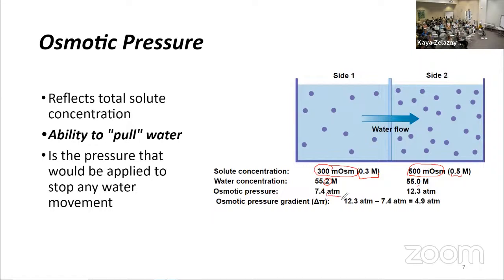Right? So our osmotic pressure could be expressed literally as a pressure here. So here we can see that we have a lower osmotic pressure with this lower solute concentration, a higher osmotic pressure with this higher solute concentration. So these are different types of measurements and numbers that we could attach to things, but conceptually, they're all describing the same situation.